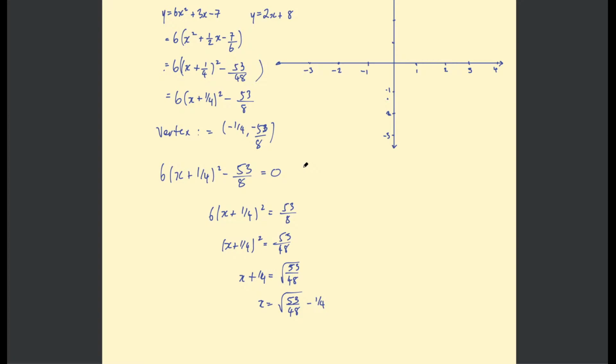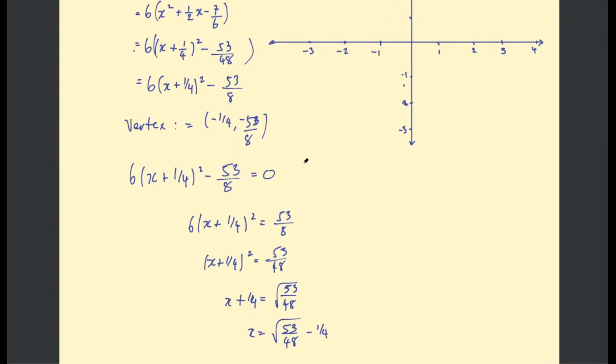I can assure you this type of question would not come up in a GCSE exam unless they give you the actual graph. They would give you the graph and they'd ask you to identify the points where the line and the quadratic meet.